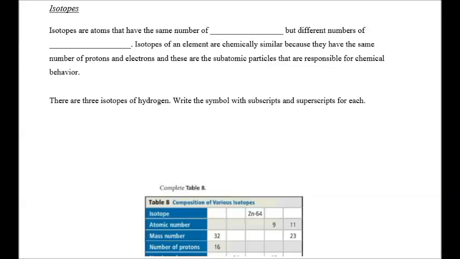What is kind of a conceptual concept is what an isotope is. Isotopes are atoms that have the same number of protons, but a different number of neutrons. Isotopes are chemically similar because they have the same number of protons and electrons, and these are the subatomic particles that determine chemical behavior. So there are 3 isotopes of hydrogen. The first isotope is hydrogen-1.